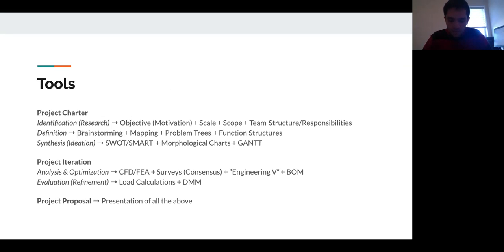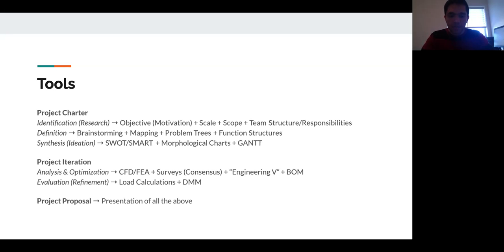These dilemmas are often uncovered at the initial undertaking of the project, but there may be unforeseen hurdles throughout the life of a project. Examples of dilemmas could be subsystem breakdown, role responsibilities, scope, objectives, and or choice of design methodology. Again, project charter, which contains the steps essentially to identify, define, and synthesize, is a statement of the scope, objective, and participants in a project. And you have the tools that are present on the screen to utilize to charter a project.